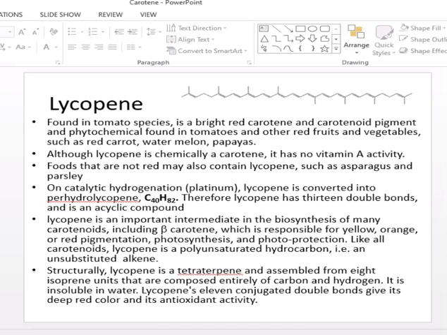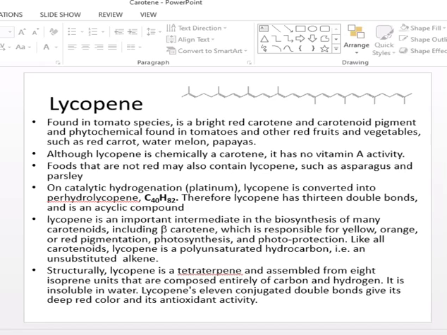On catalytic hydrogenation, lycopenes are converted into perhydrolycopenes. Lycopenes have 13 double bonds and they are acyclic in nature. There is no cycle, there is no ring formation.